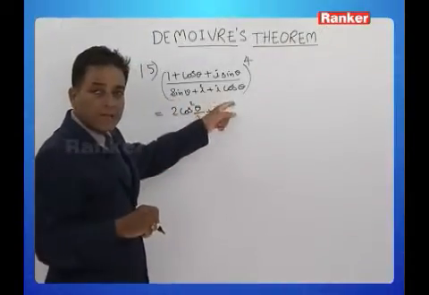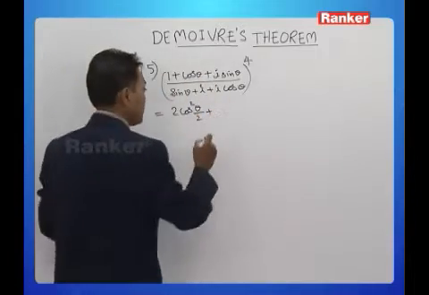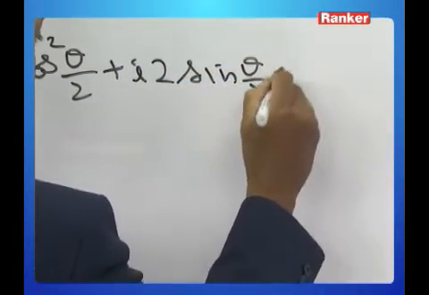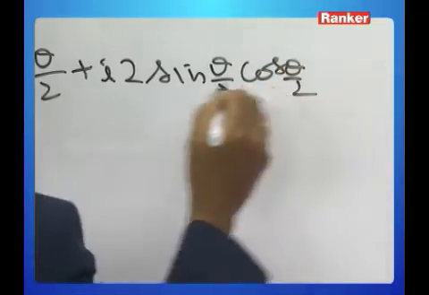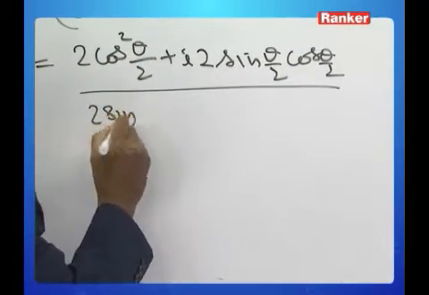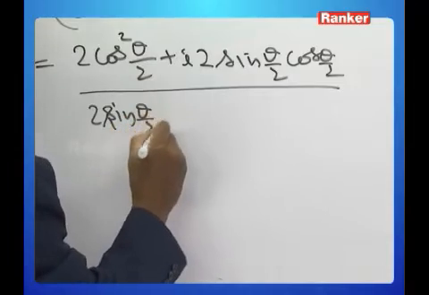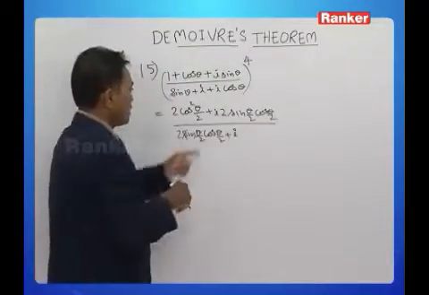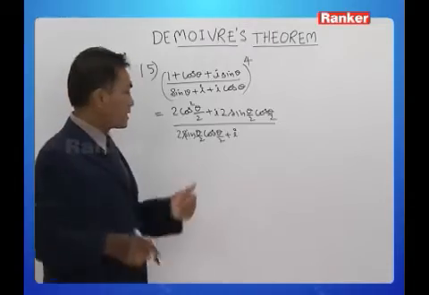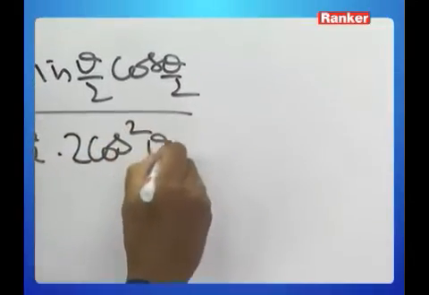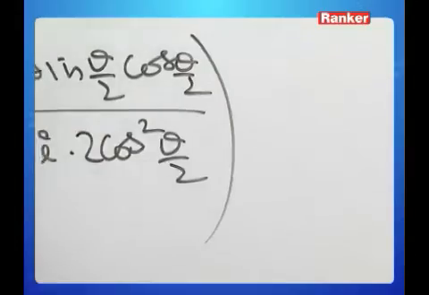Again sin theta is 2 sin theta by 2 cos theta by 2. If you take I common, 1 plus cos theta, again 2 cos square theta by 2, whole to the power of 4.